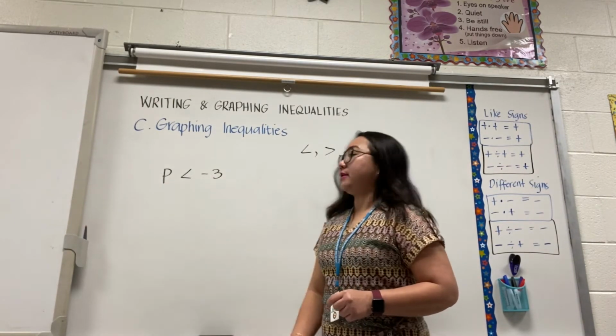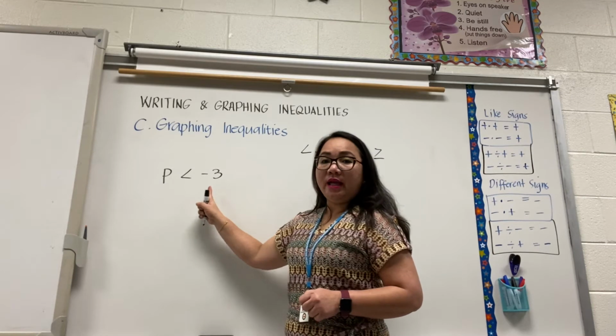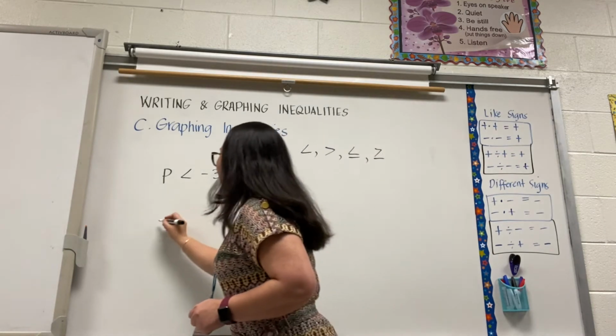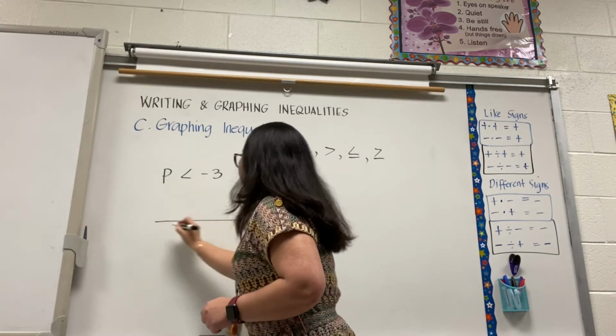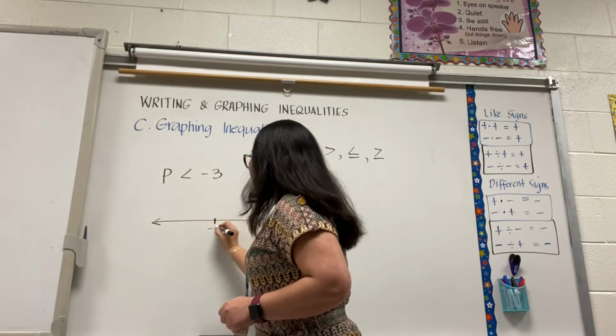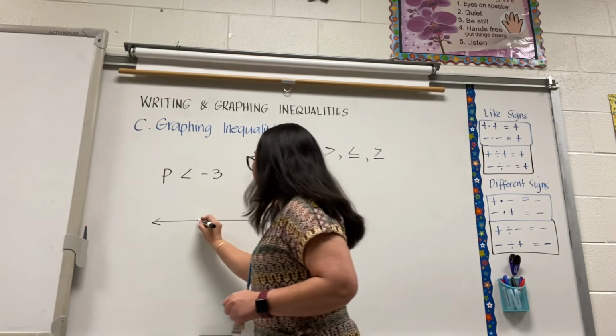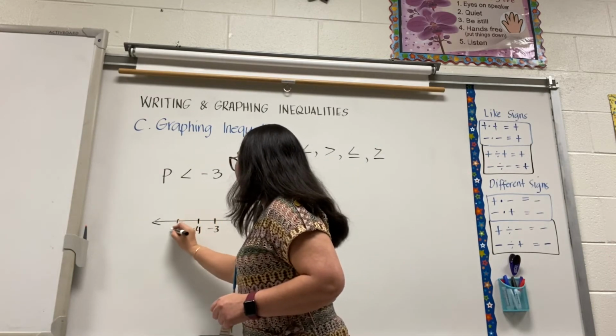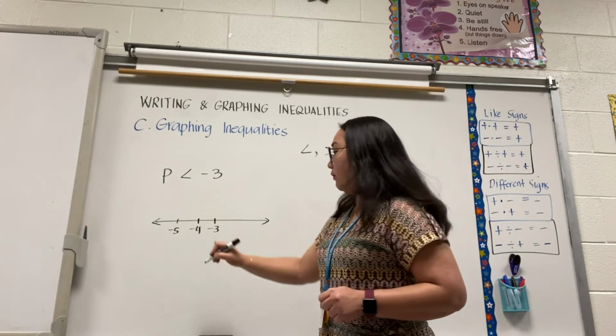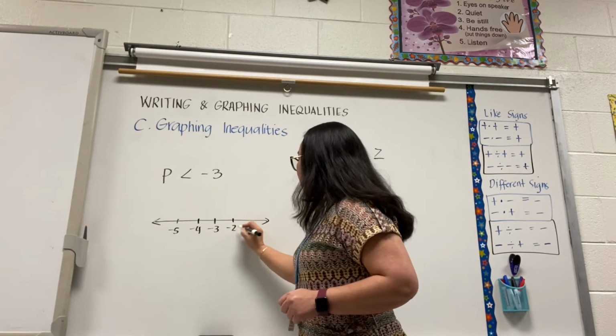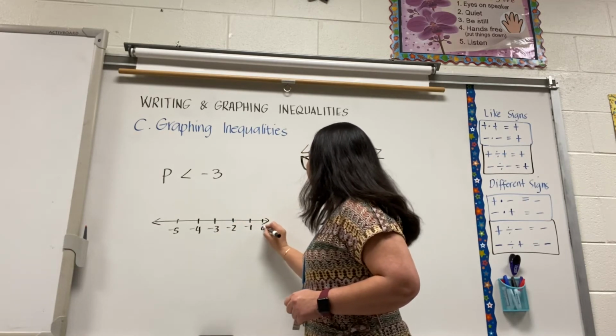We will try this. P is less than -3. So we will draw a number line and write -3 at the middle. So numbers to the left of -3, we have -4, -5. To the right of -3, we have -2, -1, 0.